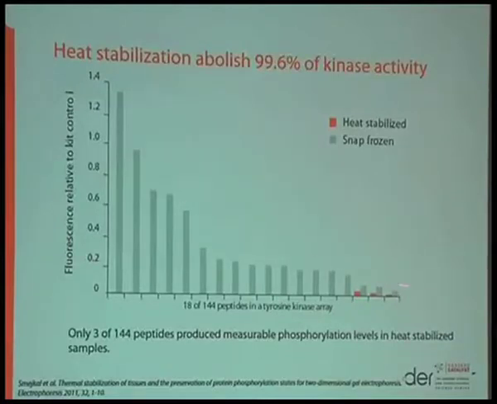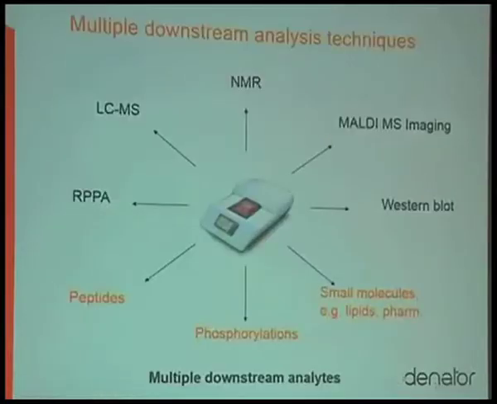If all these are summed together and we do a percentage comparison, we find that 99.6% of the kinase activity has been abolished in the heat-stabilized samples. So those were the examples of what happens to the enzymatic activity.